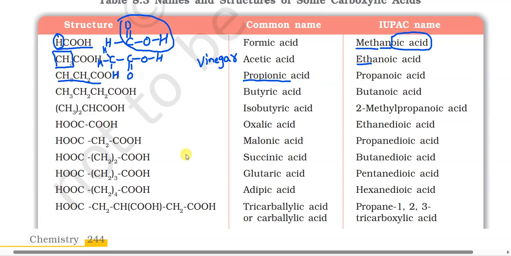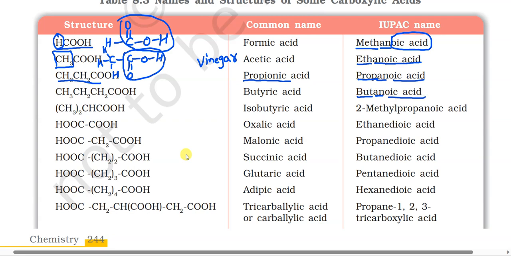As it is a single bond, we use the word an. It is a carboxylic acid group, so we use oic acid. If overall 3 carbons are there: prop, an, oic acid. If 4 carbons are there: but, an, oic acid.